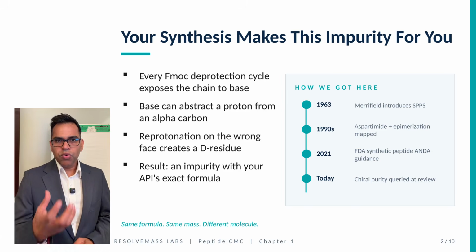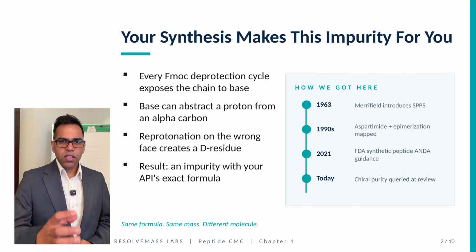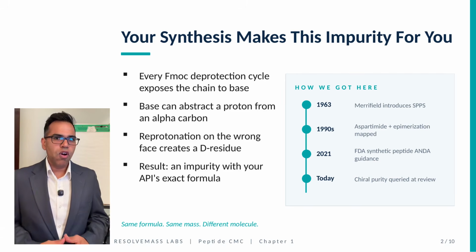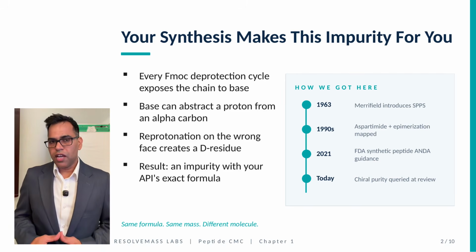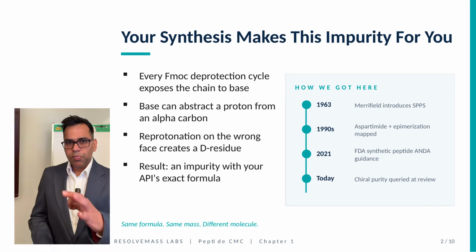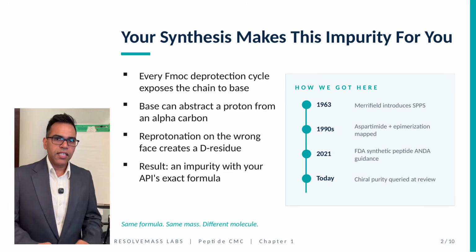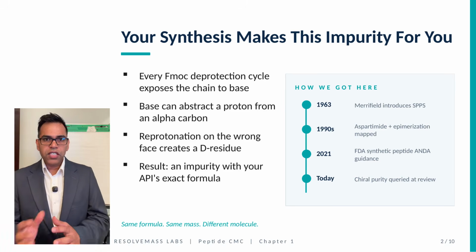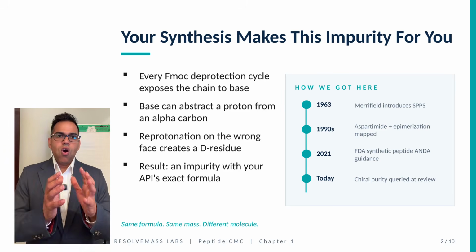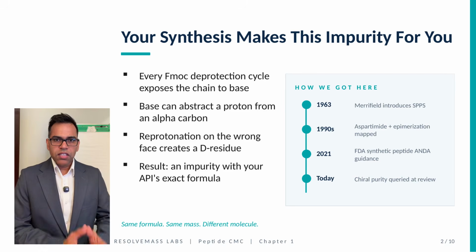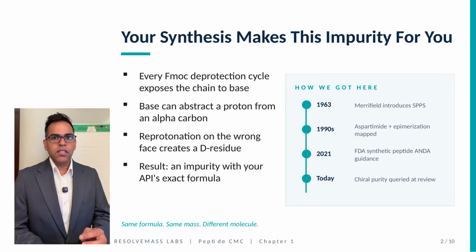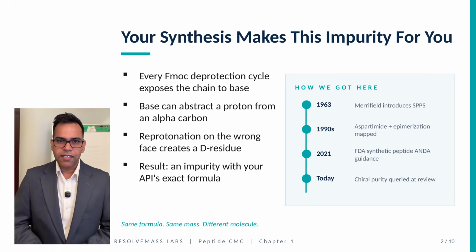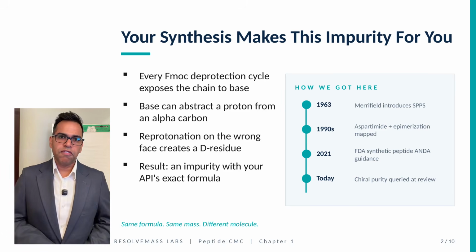Base removes the Fmoc group you wanted gone and occasionally pulls a proton off an alpha carbon you wanted left alone. When that proton comes back, it can land on the wrong face. You've just made a D-amino acid inside an all-L sequence. The chain keeps growing, the synthesis reports a clean yield, and your new impurity carries the exact molecular formula of your drug substance.